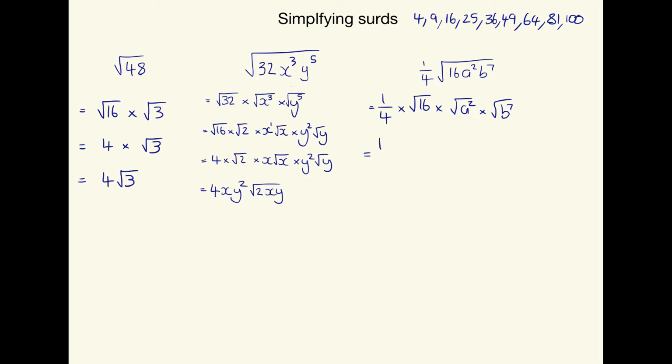So we have 1/4 times, now the root 16 can be simplified to 4. I want to make a note about the position of the 4. This whole number, every whole number is in fact a numerator, where the denominator of every whole number is just 1.